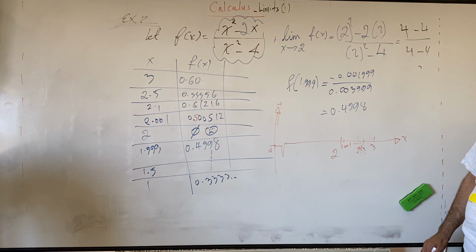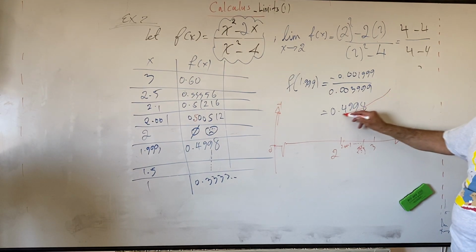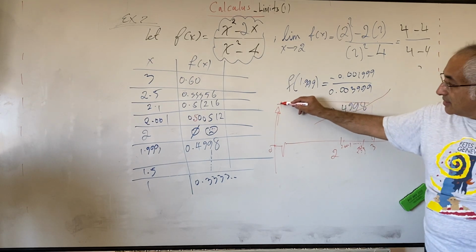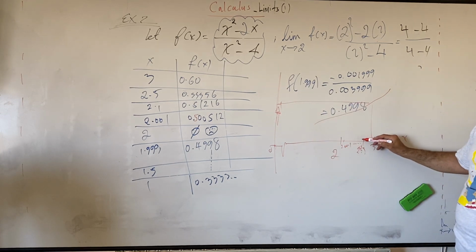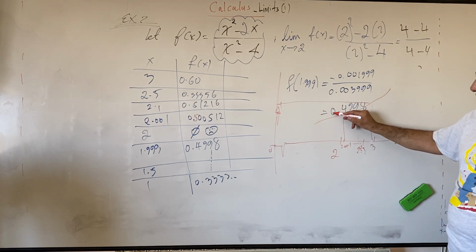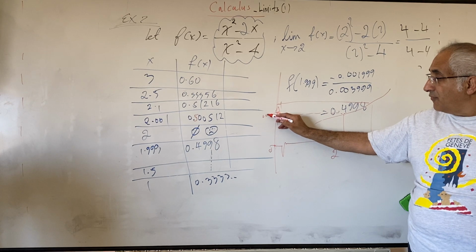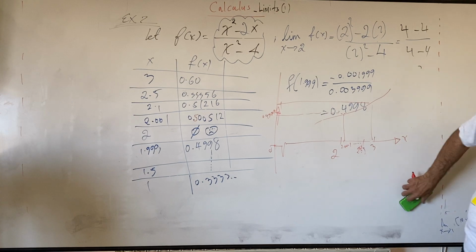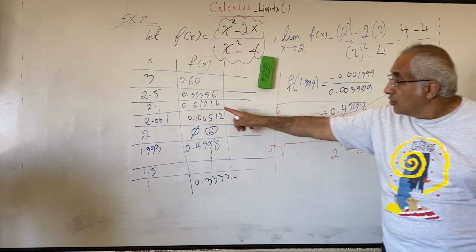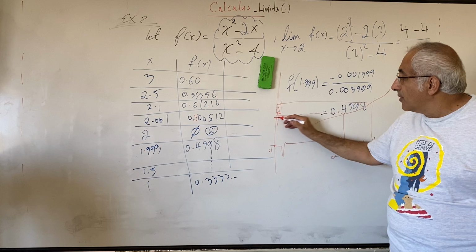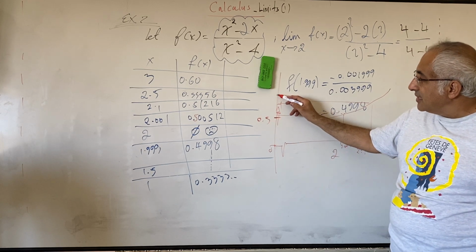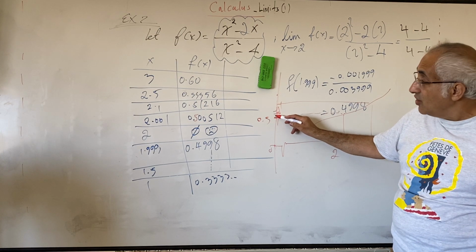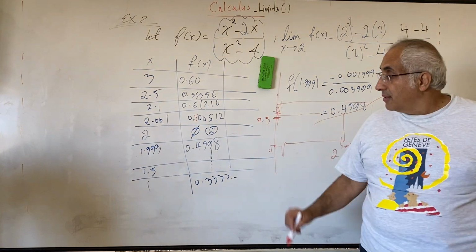The y was somewhere here, coming from 0.6, coming so close. But as you're coming closer and closer, actually you are coming closer to 0.49999. But if you think about it carefully, you are coming so close to 0.5. So it was 0.6, 0.5, 0.50, 0.500, 0.5000, until you're so close to some limit.